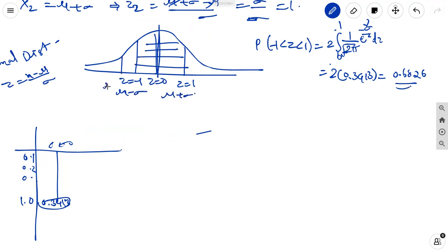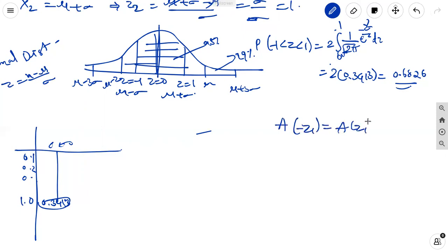From that, mu minus 2 sigma to mu plus 2 sigma is the 95 percentage, and mu minus 3 sigma to mu plus 3 sigma is the 99 percentage of the confidence interval, that is the area under the curve. In this way we can find out. And one more thing here, area of minus z1 is also equal to area of z1.